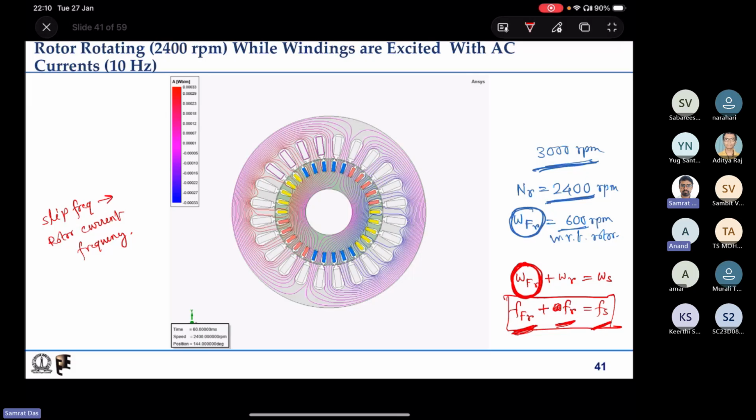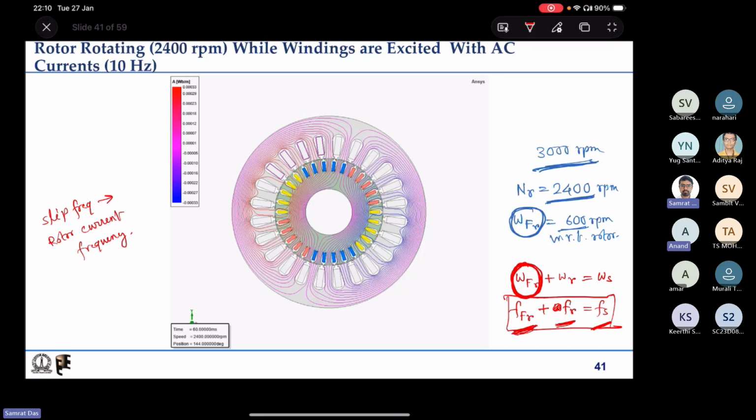But this difference between the rotor speed and the synchronous speed needs to be maintained. If the difference is not there, there will be no torque production, and the same concept will come. Yes, that is true. So in the induction machine, we have to maintain the difference.